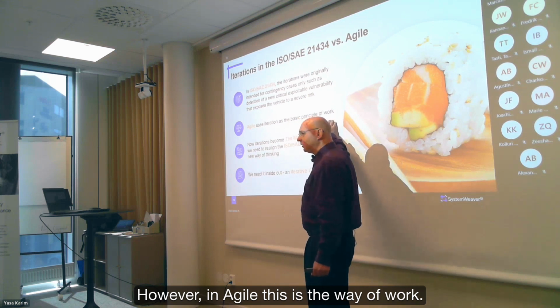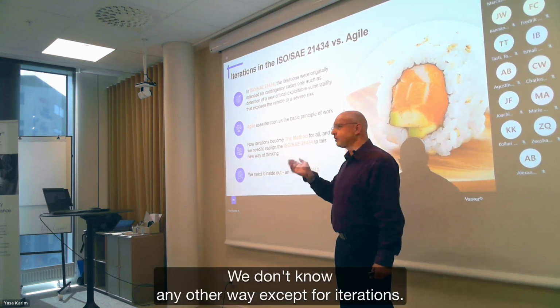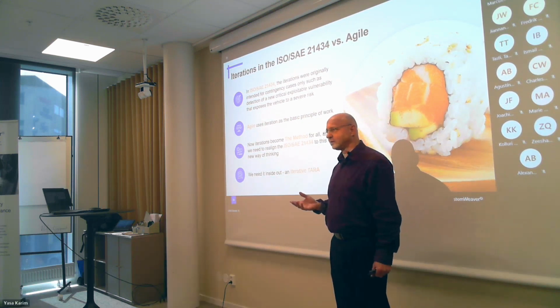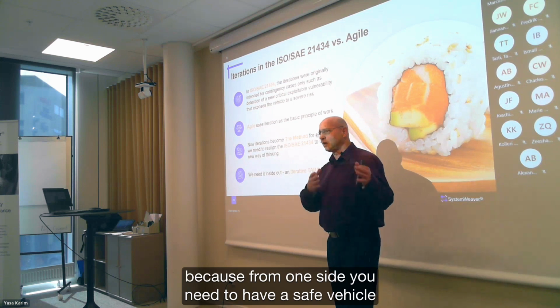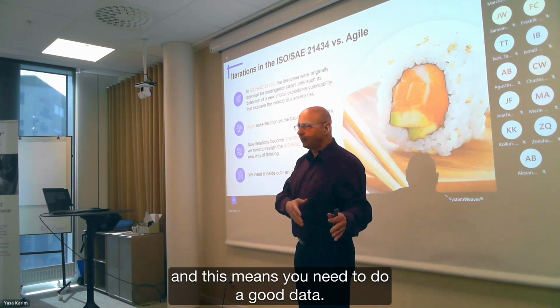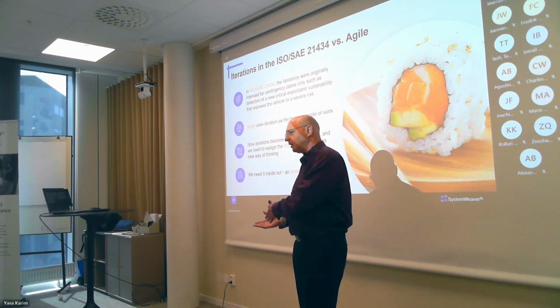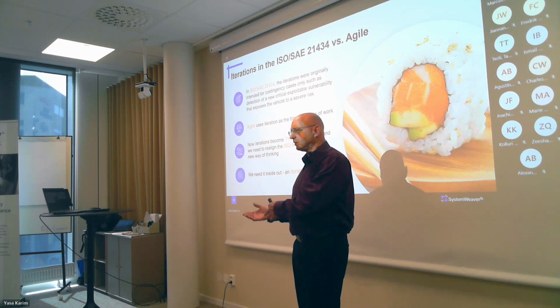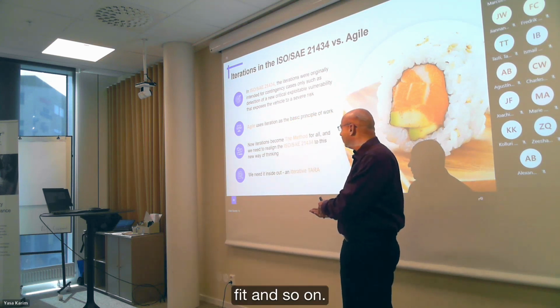However, in Agile, this is the way of work. We don't know any other way except for iterations. Now, there is a conflict, because from one side, you need to have a safe vehicle, and this means you need to do a good TARA. From the other side, you are developing in an Agile fashion, because you want shorter development cycle, a better product fit, and so on.